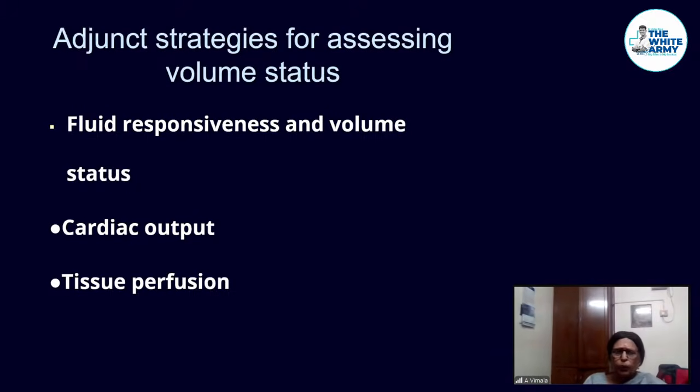Now, there are many other adjunct strategies for assessing volume status, not clinical alone. One is fluid responsiveness. You can give boluses of normal saline or Plasmalyte if you think the renal function is normal, and see the improvement in the mean arterial pressure and the urine output. You can assess the cardiac output by an echocardiogram. You can also measure tissue perfusion by looking at the lactate.